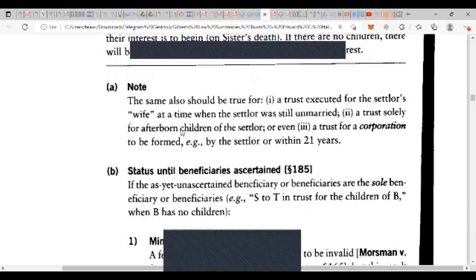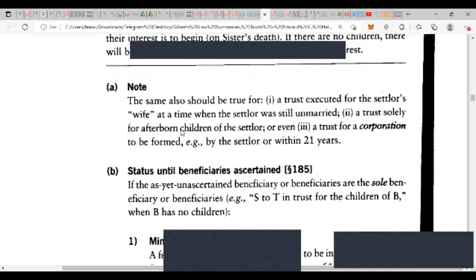Note, the same also should be true for 1, a trust executed for the settlor's wife at the time when the settlor was still unmarried, 2, a trust solely for afterborn children of the settlor, or even 3, a trust for a corporation to be formed by the settlor within 21 years.